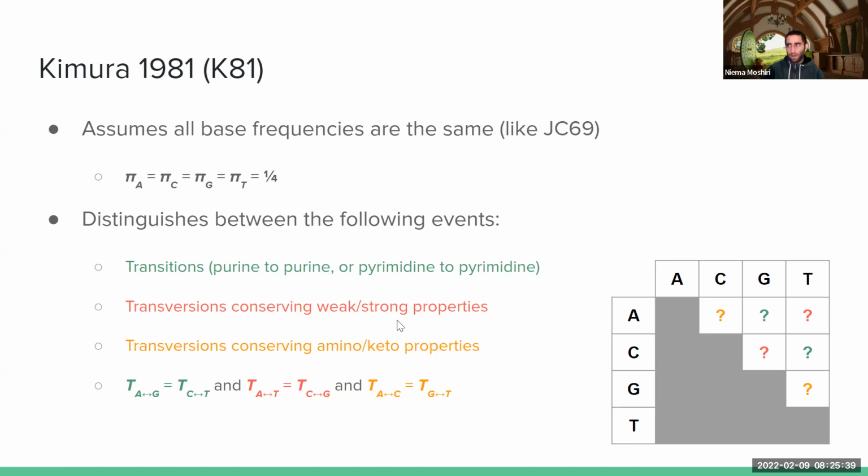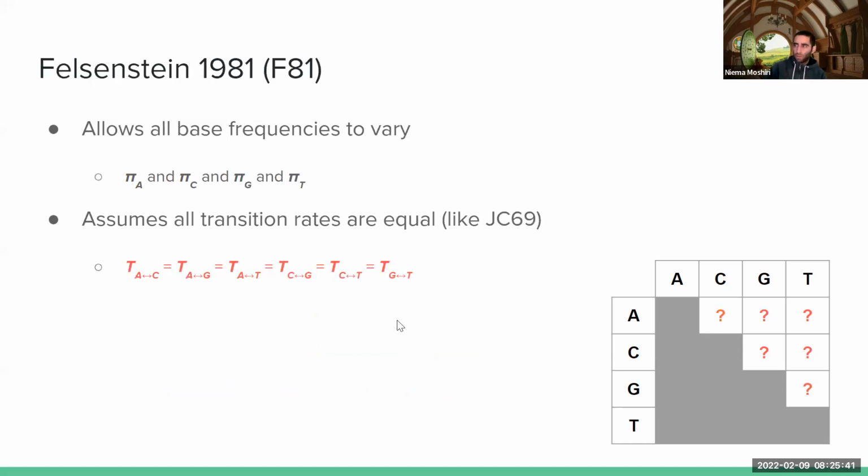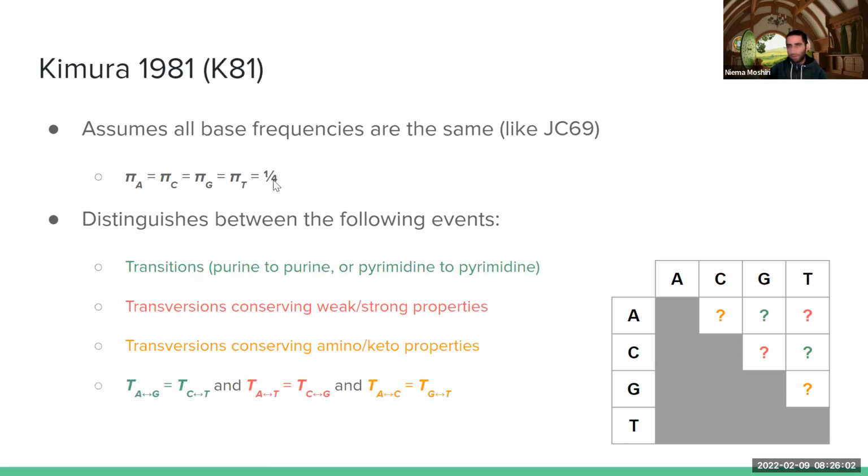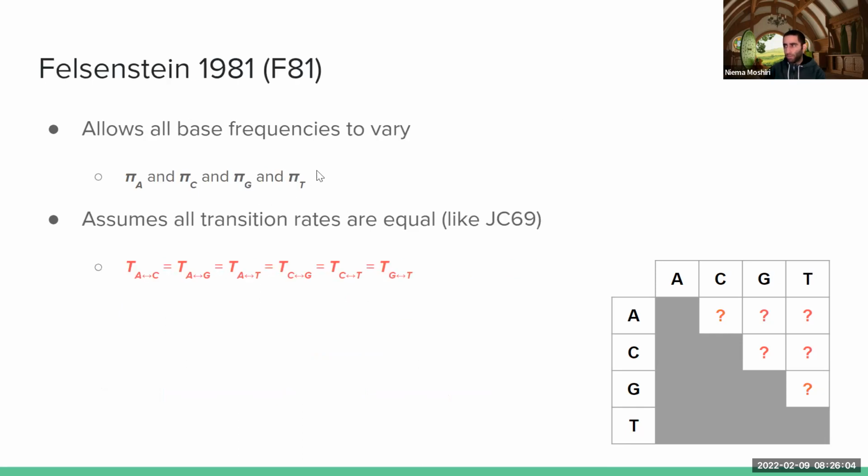Then also in 1981, there's a researcher called Felsenstein who took the JC69 transition rate, so assuming all mutations are equal. In all the models that we've talked about so far, the base frequencies were all equal. So the probability of A versus C versus G versus T were all 25%, right? 1/4 in all of the previous models.